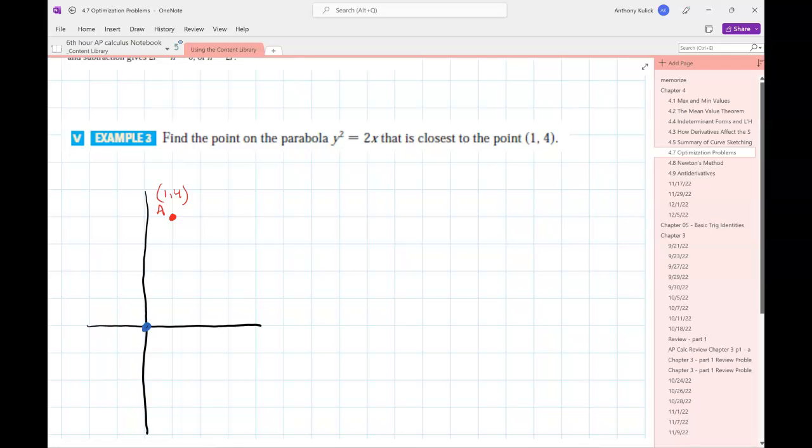Plus or minus the square root of 2. Again, it's a parabola, so it should be looking like a U shape. If x is 2, what does y have to be? Plus or minus 2. And so we're going to have something that looks like this, right? Everybody agree?